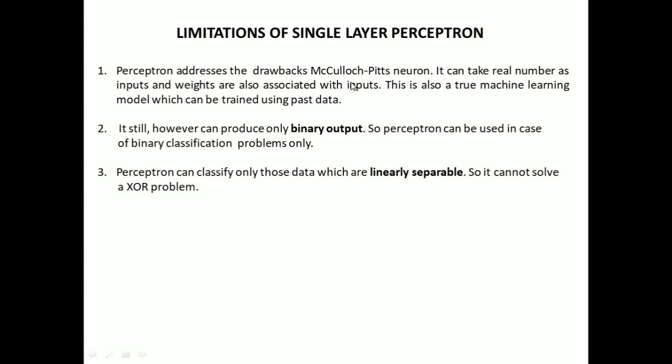And we know that the McCulloch-Pitts neuronal model is also not a truly machine learning model, but this perceptron model is a truly machine learning model which can be trained using past data, as we have seen in the previous slides. Now let us discuss some of the limitations of the single layer perceptron.